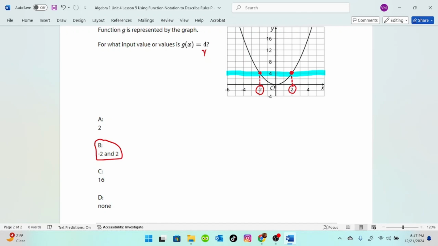So in this case, we can see that the one input of -2 has the one answer of +4. The one input of 2 has the one output of 4. So this is still a function, and this is how you would answer a question where they give you the output and they're asking you for the inputs.